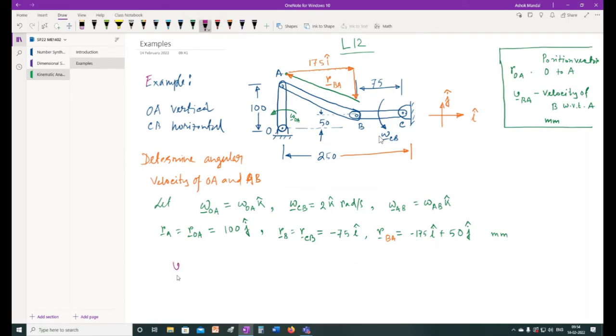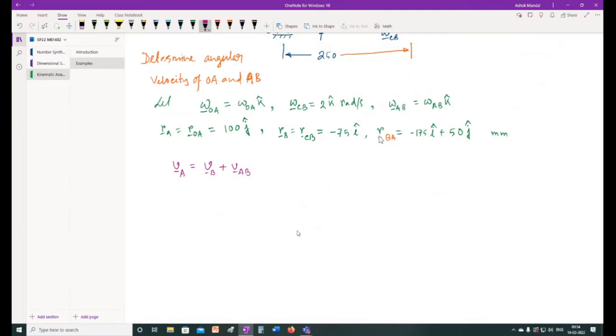So let us first find out what we can write about the velocity of point A. Velocity of point A can be written as velocity of point B plus velocity of point A with respect to B. Agreed?